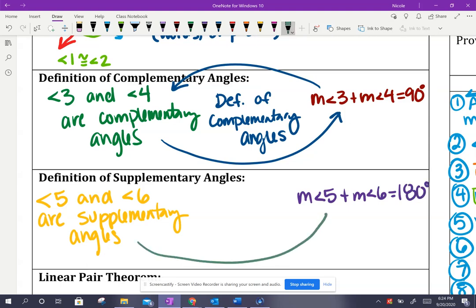And again, this works in both directions. So I could be trying to find that angles are supplementary, and if I can set up an equation and find that they add together to equal 180, I can then say by the definition of supplementary angles, they are supplementary. And we'll see that in action.